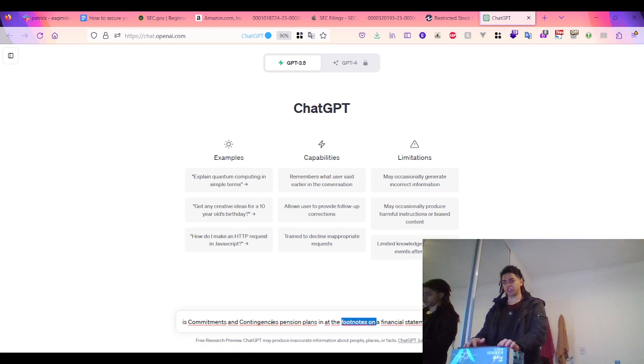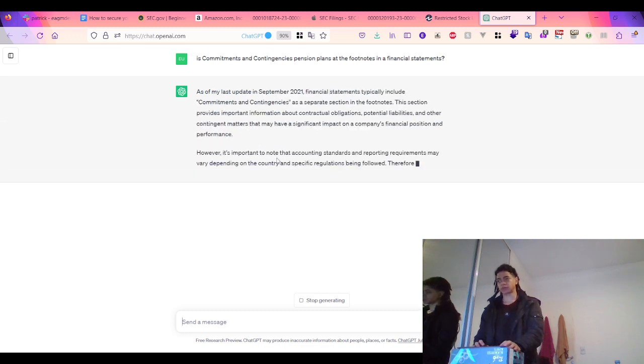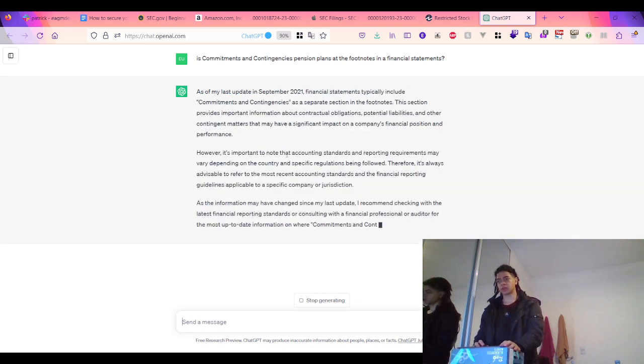Is commitments and contingencies pension plans at the footnote in the financial statement? The answer: contract obligations, potential liabilities, and other conditions.